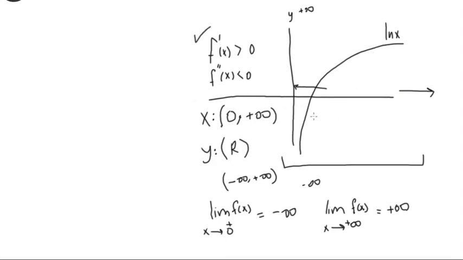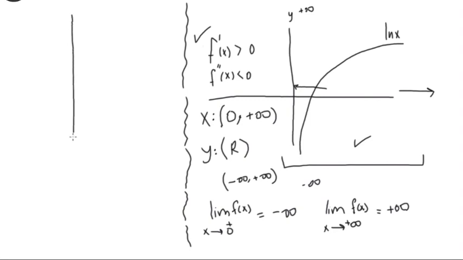This is one. And the second one is that over the domain, the graph is continuous. So we can see that it is invertible. For the inverse function of ln x, I prefer explaining it again on the graph.